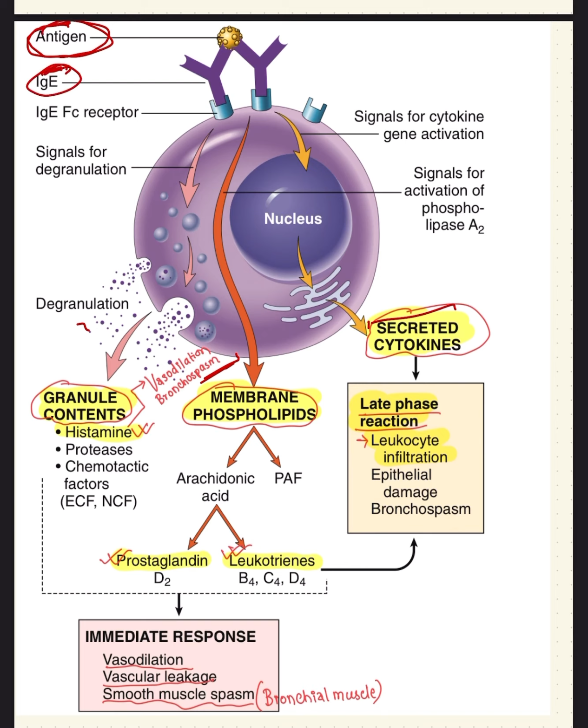This IgE antibody was attached to the mast cells the first time, right? Already the IgE antibody was attached, and upon the secondary exposure, this antigen and IgE antibody interaction occurs on the surface of the mast cells, and it causes the degranulation of the mast cell contents.